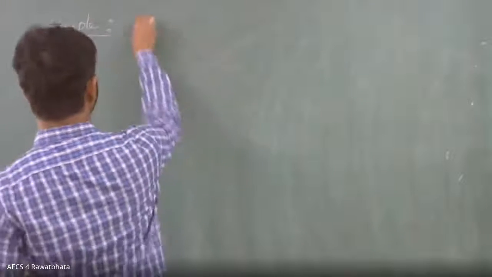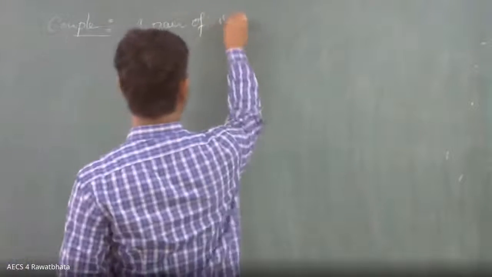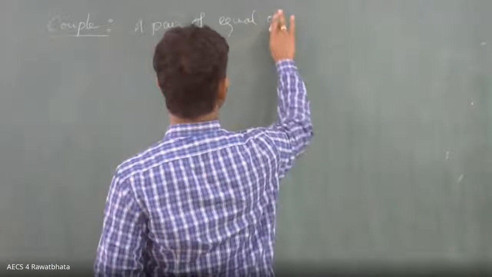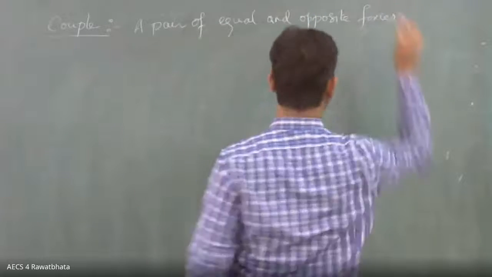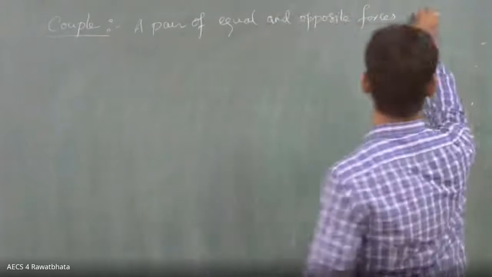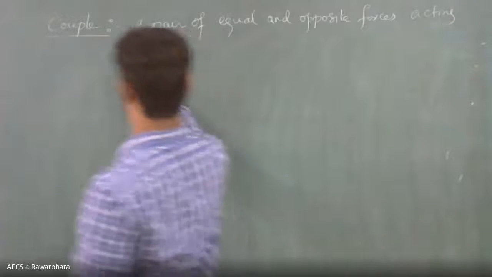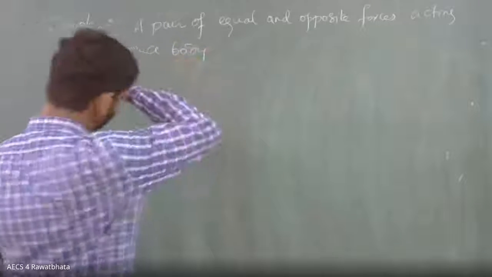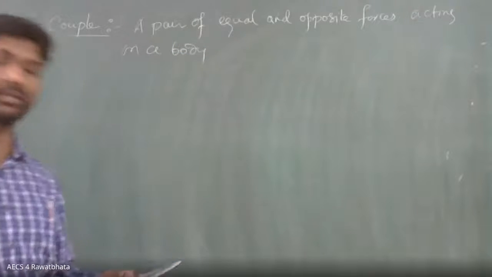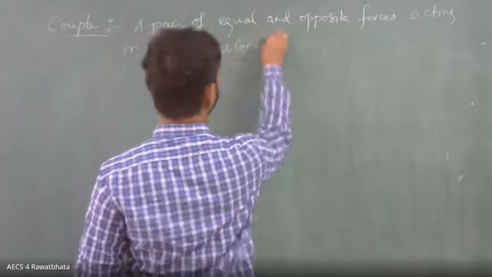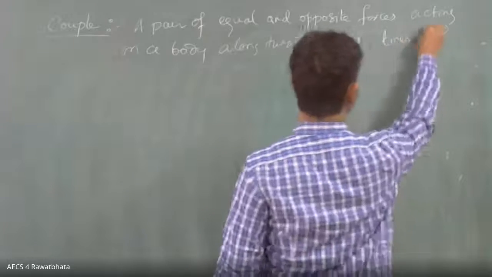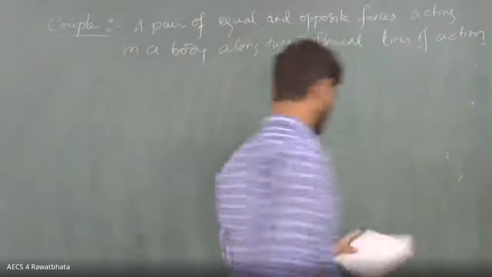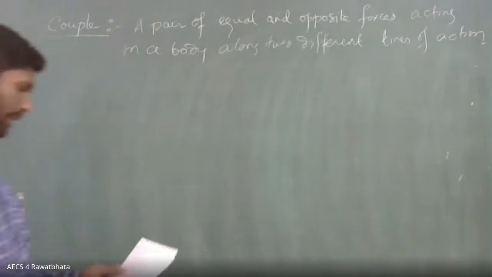Okay, so let me write the statement. A pair of equal and opposite forces acting on a body along two different lines of action, then they constitute a couple.